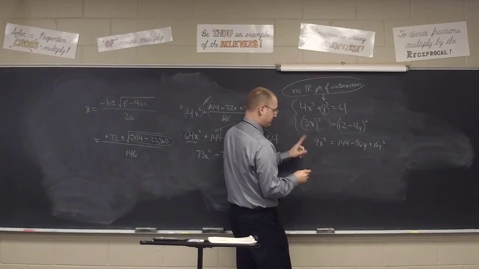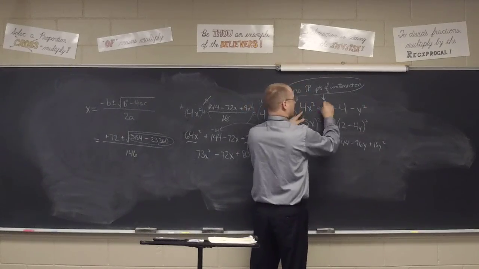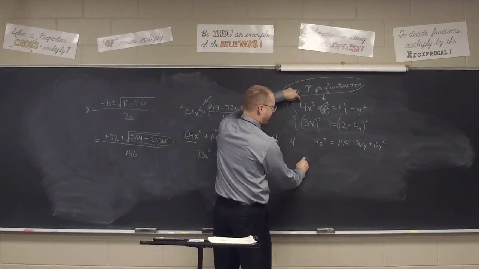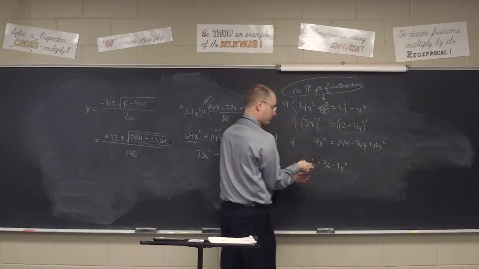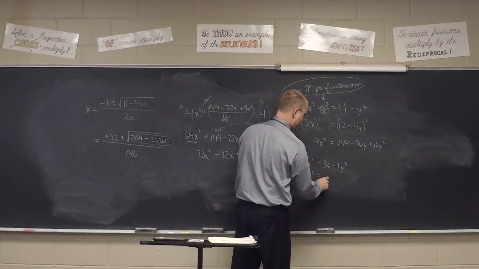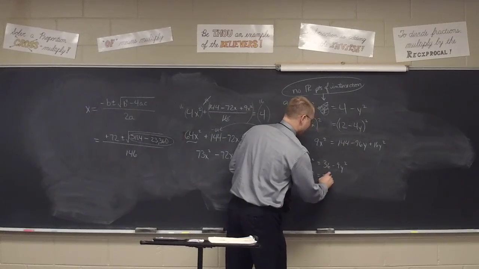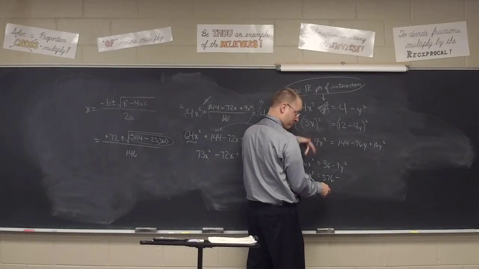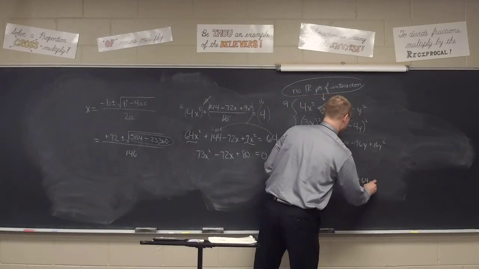And then, if I ditched the y squared as a negative y squared, and then if I multiplied this by 9 and this by 4, I can get 36x squared equals 36 minus 9y squared. And here I can get 36x squared equals, oh goodness, I don't like Jamie's way. I actually forgot about 576 minus 384y plus 64y squared.